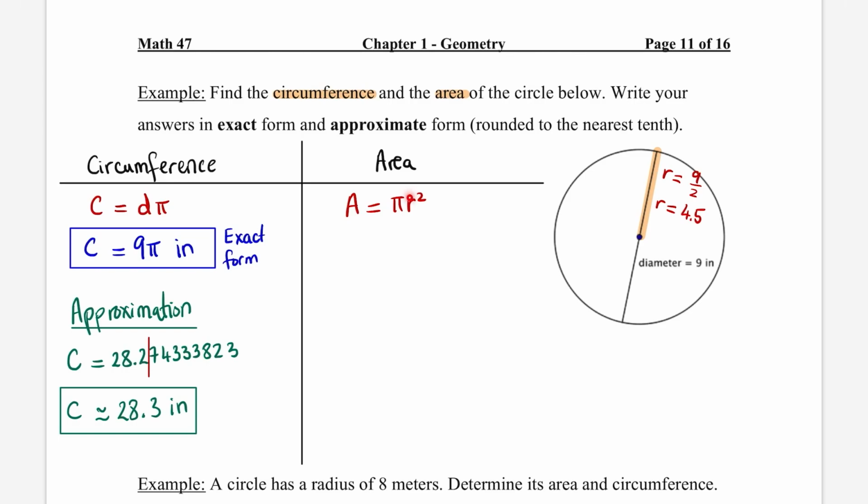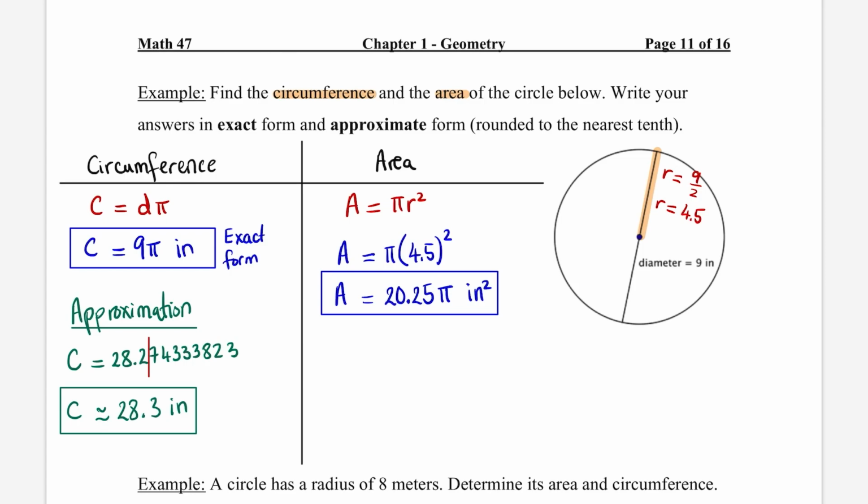And I'll replace r with 4.5. Then I'll take 4.5 squared. 4.5 times 4.5 is 20.25 pi and inches squared. This is my exact answer. 20.25 pi inches squared.